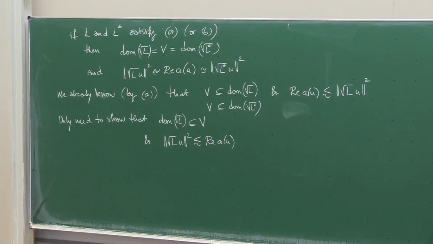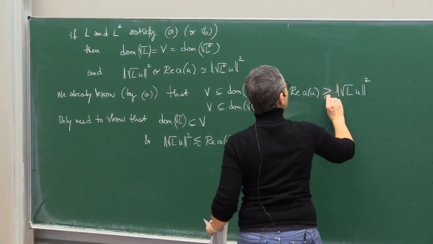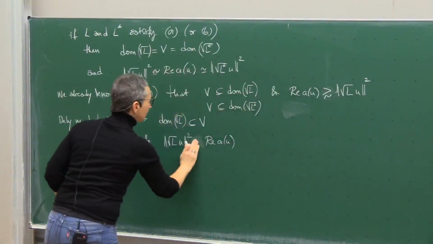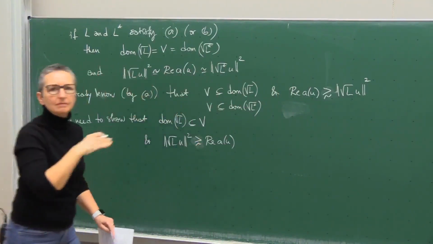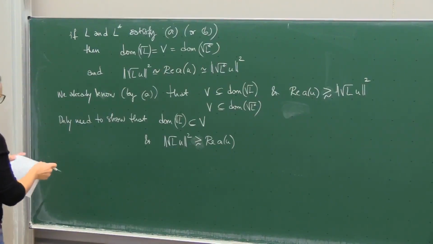Yeah, A is the other way around. So what we need to prove is the other direction, the other estimate. Okay.